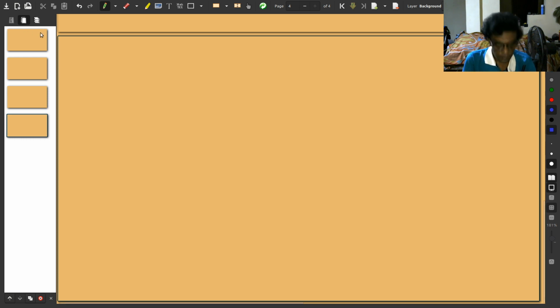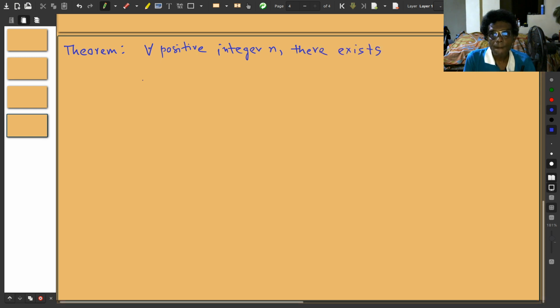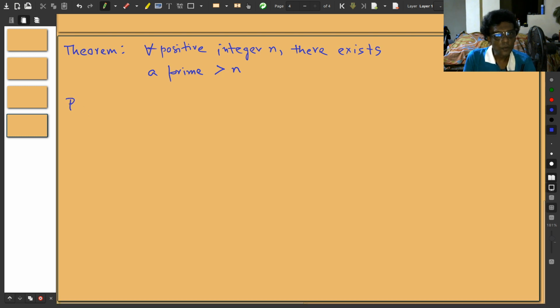So, this is the statement: for all positive integers n, there exists a prime greater than n. This proof is now non-constructive.